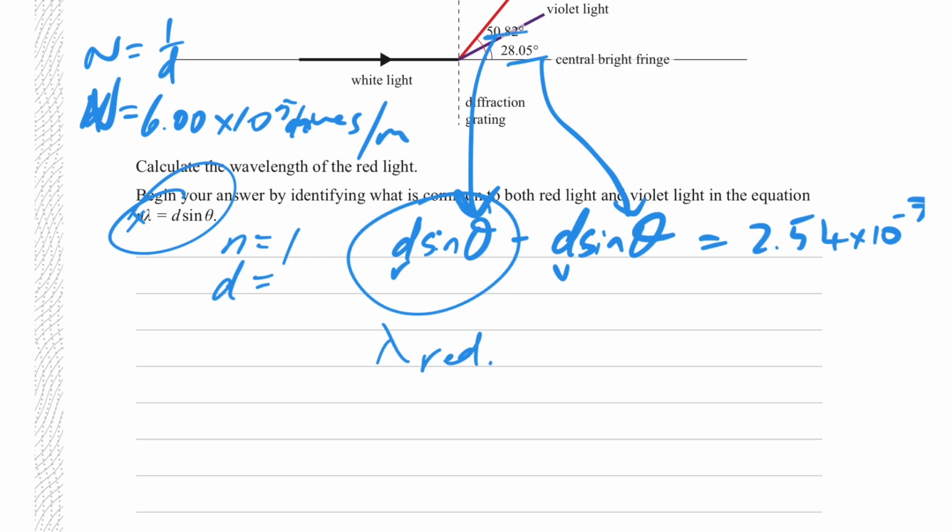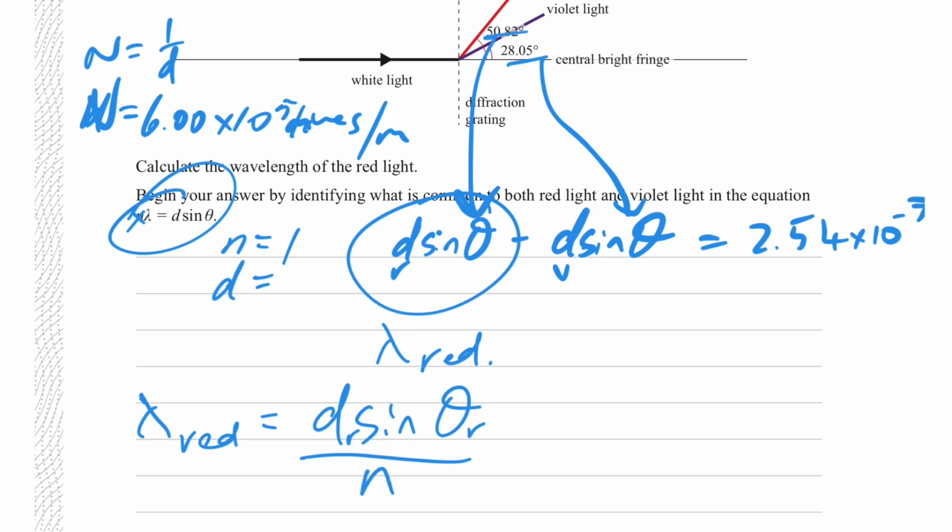It seems to me there's another way of doing this as well. This is sort of fluffing around just a little bit with a slightly awkward excellence question. But if you rearrange so that you have the wavelength of red equaling d sine theta over n, so d red over sine theta red over n red, but n's going to be the same, doesn't matter what it is.